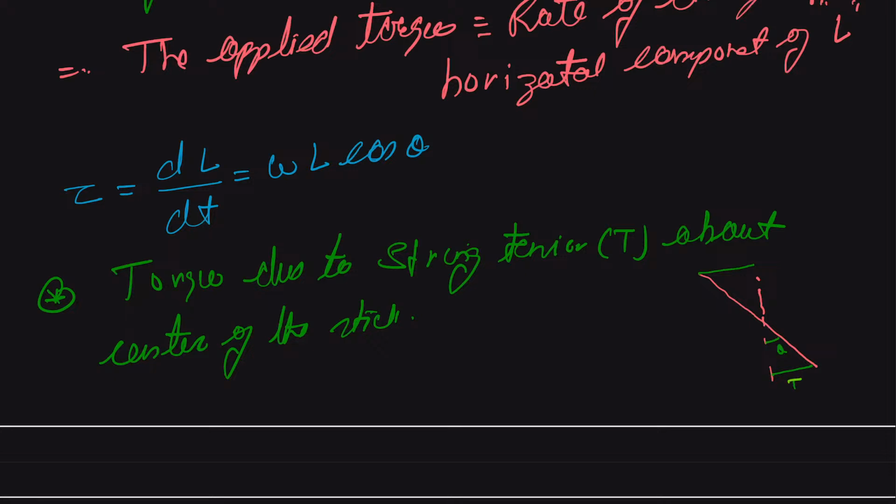So there is a tension T, and we can find out this vertical perpendicular distance in this particular case, and this length is our L by 2. So we get this perpendicular distance will be equal to L by 2 cos of theta.